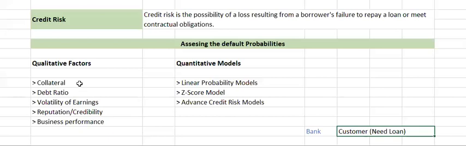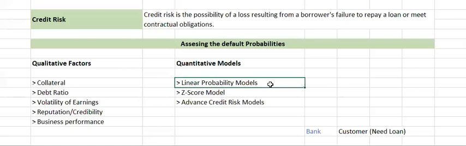There are different models through which we can quantify the credit risk of companies and banks. I have written here some of these models. Our first model is the linear probability model, and the second is the Altman Z-score model, and there are many other advanced credit risk models through which we can measure credit risk or probability of default for customers.